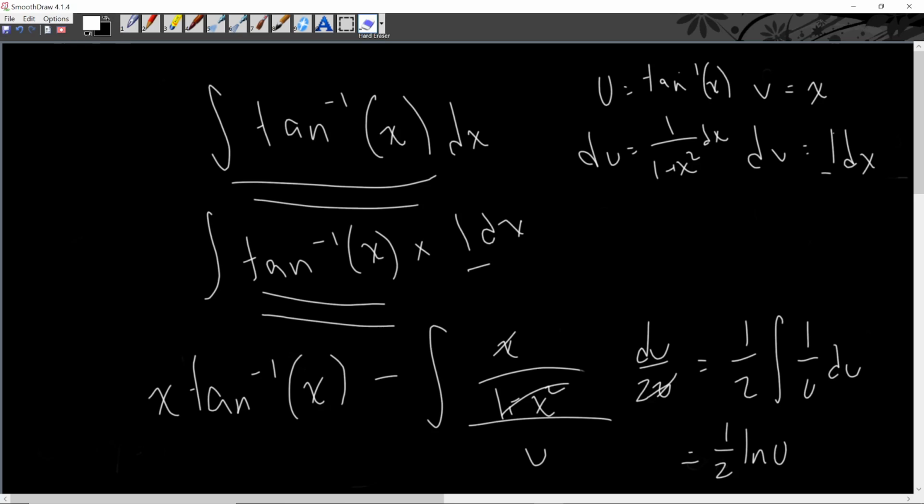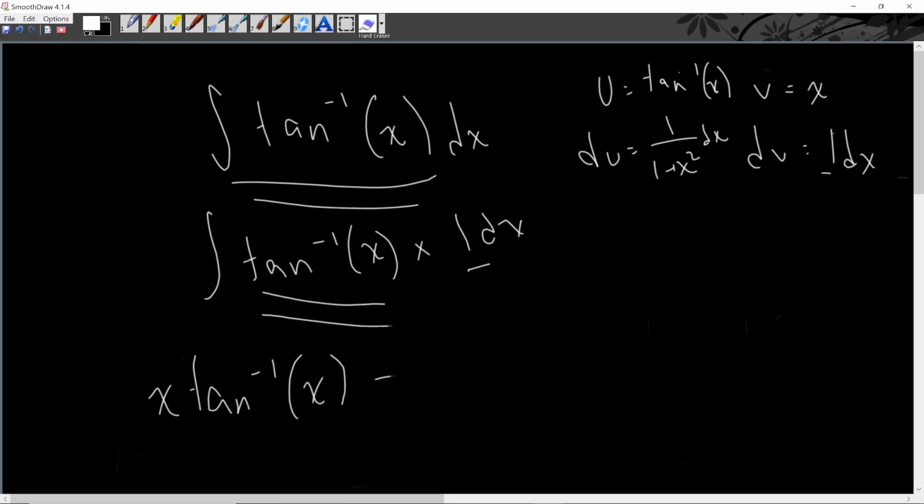So we are left with just 1/2 times ln of x squared plus 1, and then plus c.